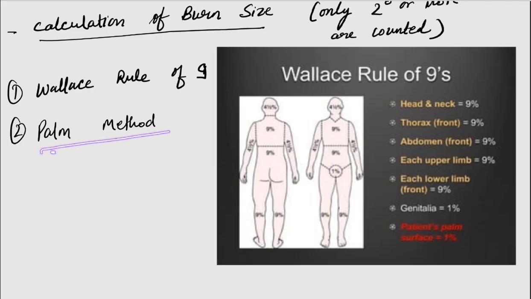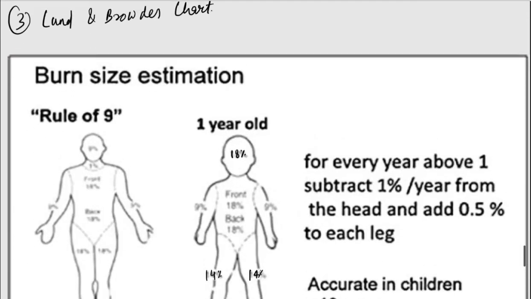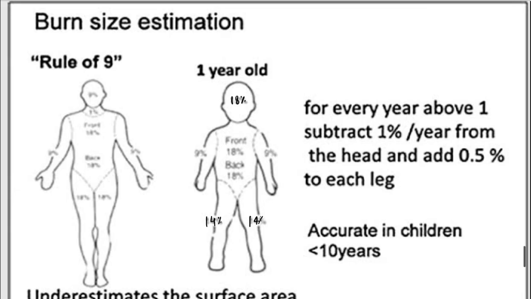There is another method, Palmer's method, where the patient's palm is taken and it approximates to about 1% TBSA. It is used when the burn is in patchy form. Now coming to the Lund and Browder chart, it can be used to estimate burns in children.